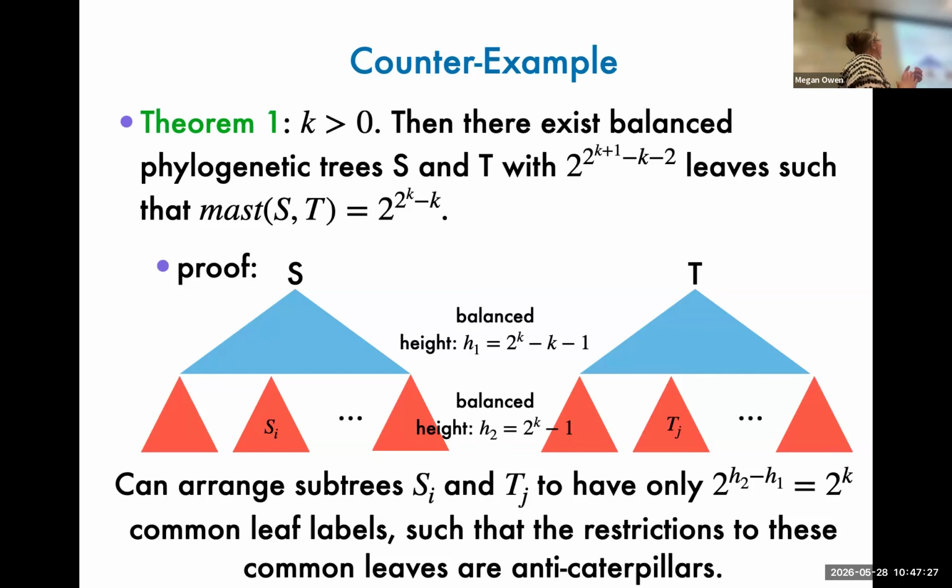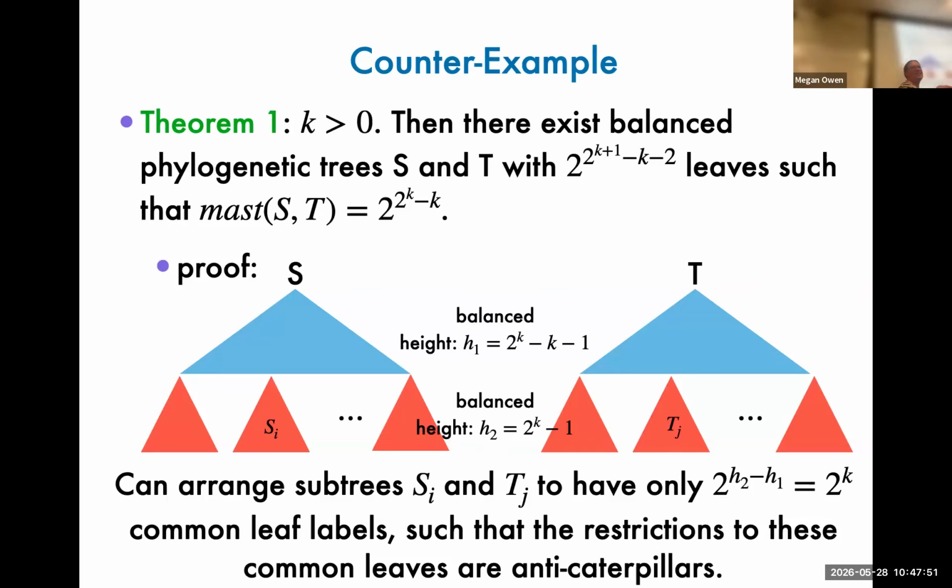So the idea again is you have trees, you have these subtrees at the bottom on each side, and you arrange everything. First of all, you divide the leaves in such a way that the number of leaves overlapping each of them is not that big. Then on the overlapped leaves, this one would have a caterpillar and this one would have an anti-caterpillar.